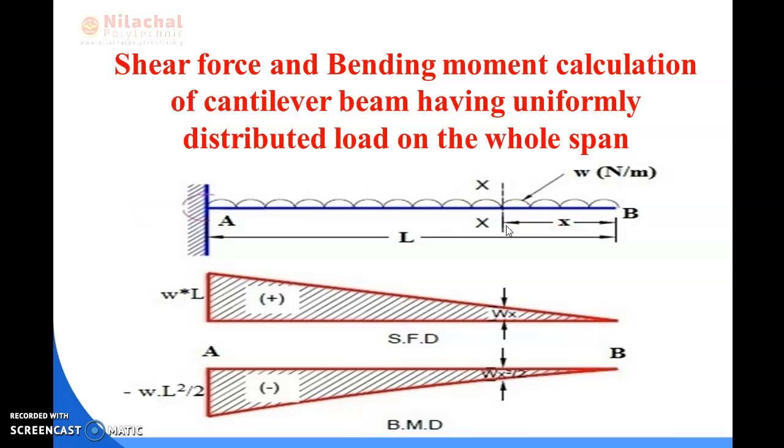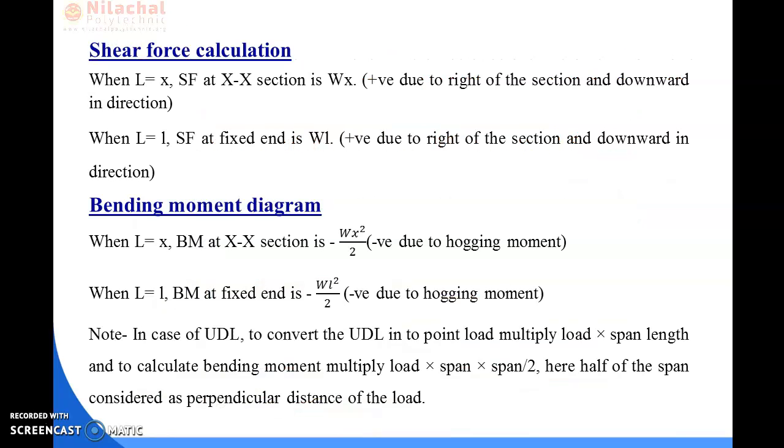So the bending moment value is negative in nature. The total bending moment at XX section, or at the cut section, is W into X into X by 2, that is WX square by 2, and you need to put a negative sign due to hogging moment. Okay. So this is all about when length equal to X.